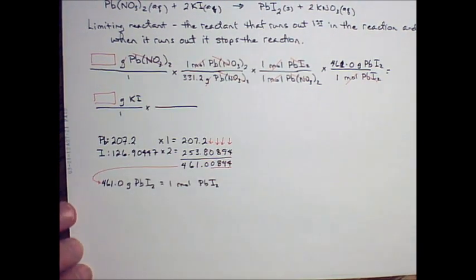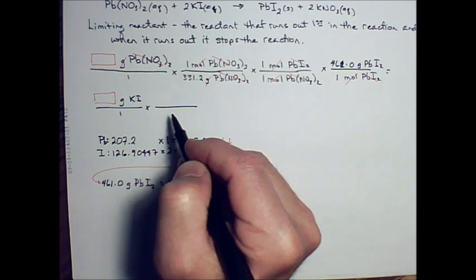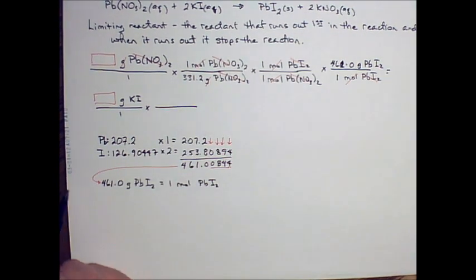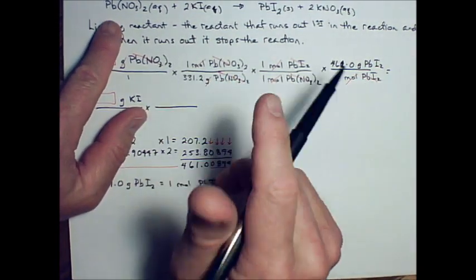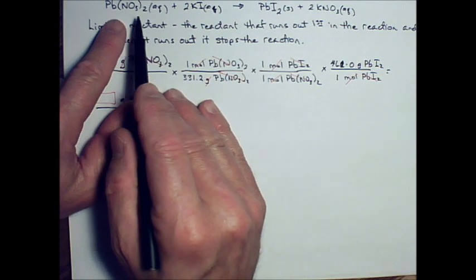We've got to have the molar mass here. Student question: if you start with lead nitrate and potassium iodide in the same amount, would you have the same reaction? Let me see if I understand your question.